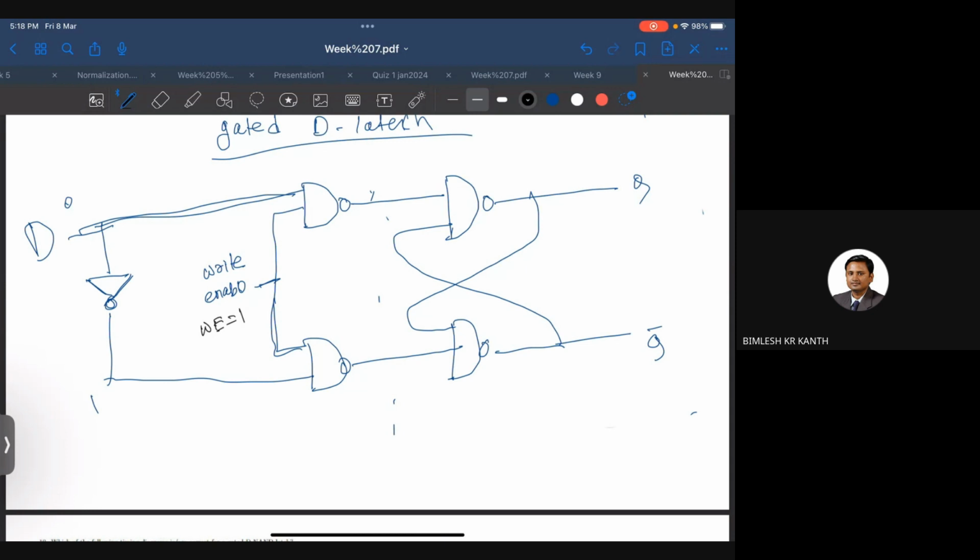If we put D equal to 0, what will happen? This side will become 1 input, the upper side will be 0 input. 0 will become 1, 1 will become 0. So if it is 0, then 0 and 1, it will be 0, it will be 1.